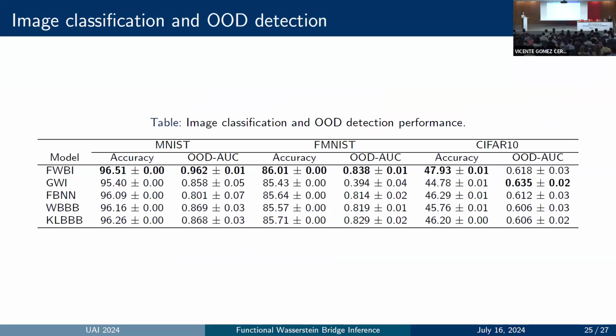And finally, we evaluate the scalability of FWBI for this image classification task. We can see that our FWBI consistently outperforms all other baselines for classification accuracy, and it performs competitively in the OOD detection.